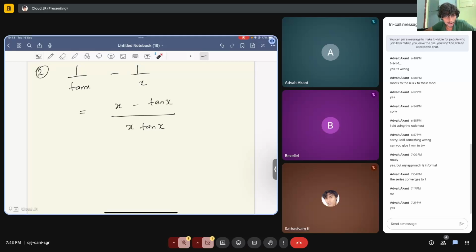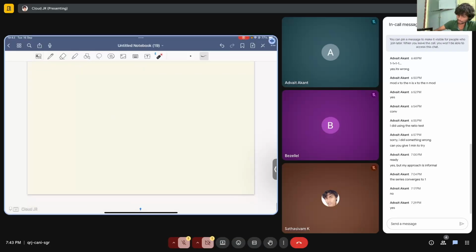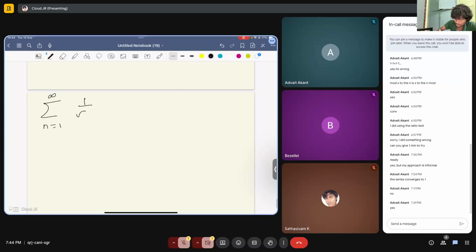The assignment has a lot of questions, but I think whatever tools we gave will be enough for you to solve it, is what I was hoping. I don't think there is anything significantly harder there. I hope you are able to solve it. For example, we will do maybe one such problem. Something like this: the sum from n equal to 1 to infinity of 1 by root n minus 1 by root n plus 1.